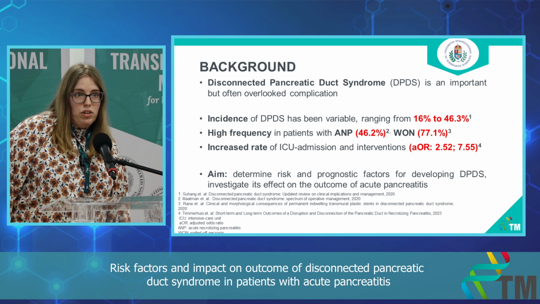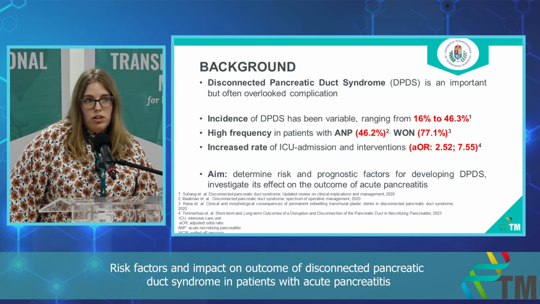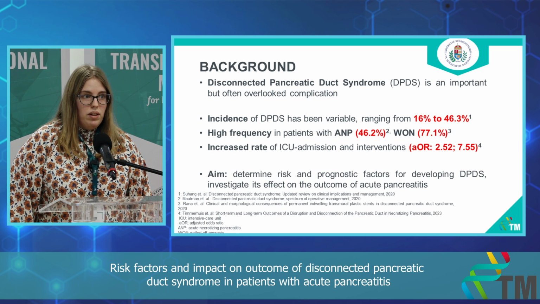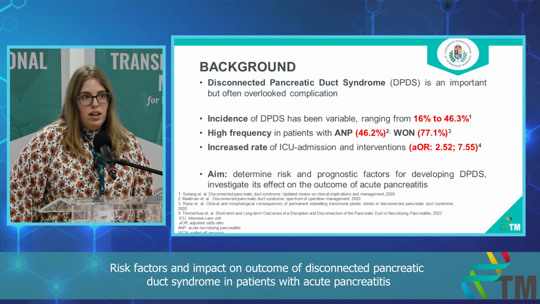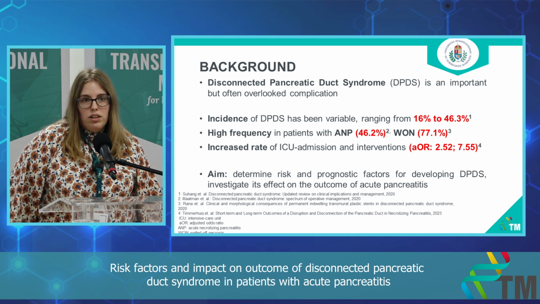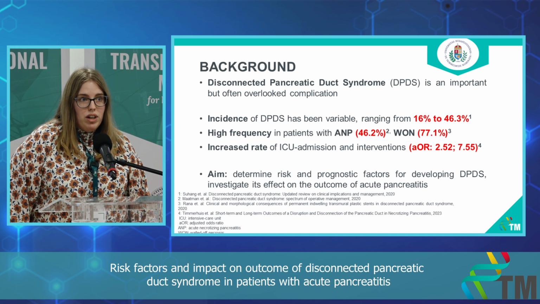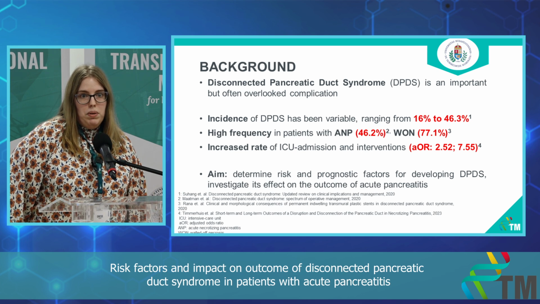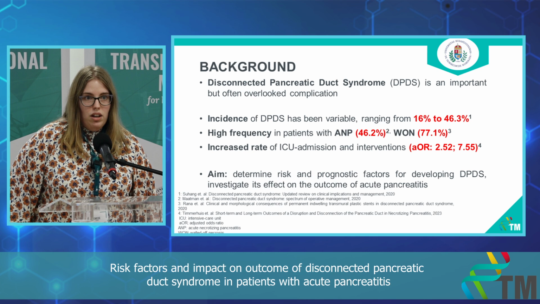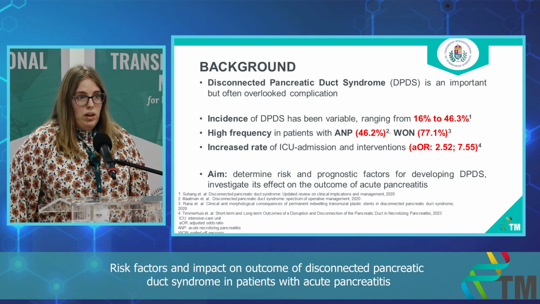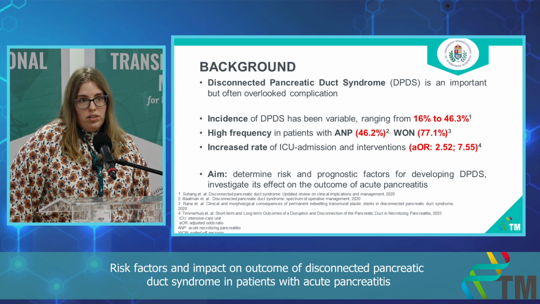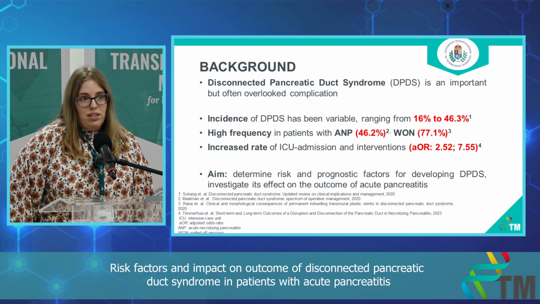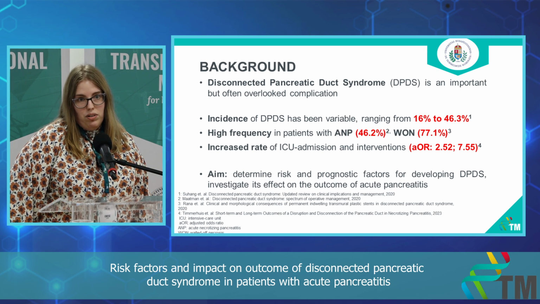High frequency was shown in patients with acute necrotizing pancreatitis and with walled-off necrosis. And literature also states that having disconnected pancreatic duct syndrome increases the rate of ICU admission and interventions, be it endoscopy or surgery. So our aim will be to determine risk and prognostic factors for developing DPDS and investigate its effect on the outcome of acute pancreatitis.